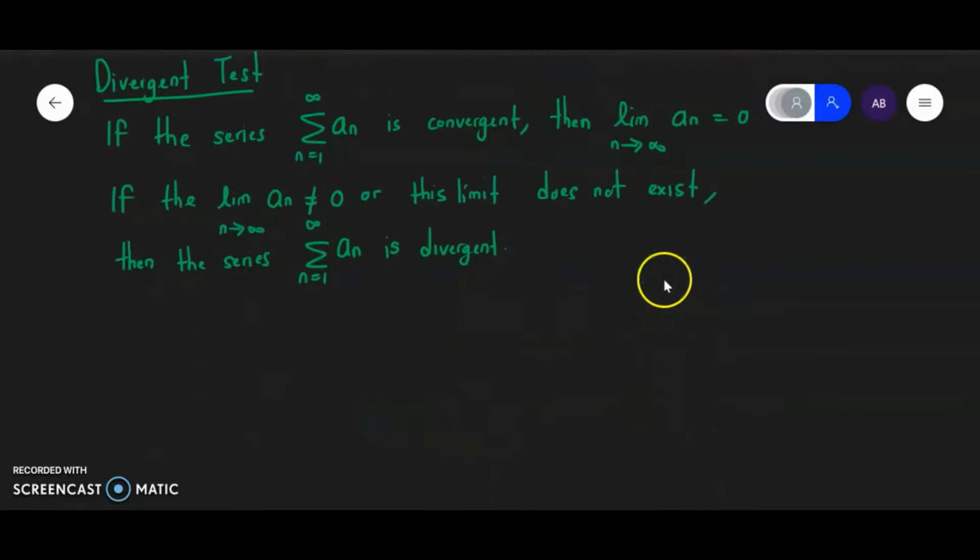A quick example will be something like this. Let's say I have the series summation n equals 1 to infinity of n squared minus 1. How can I show whether the series converges or diverges? Apply the limit as n approaches infinity of n squared minus 1.